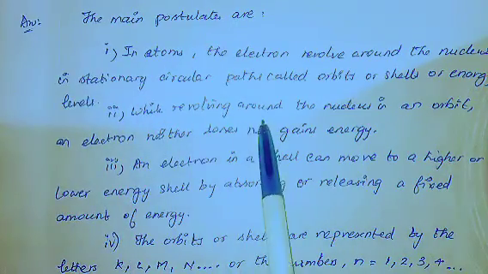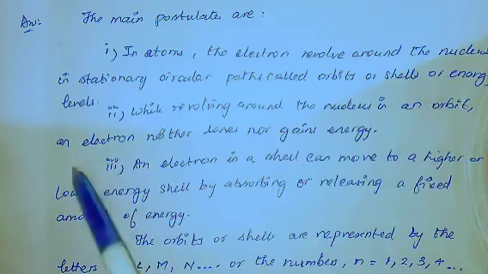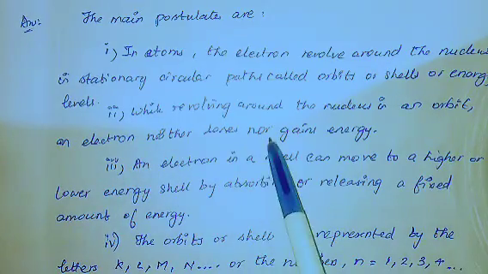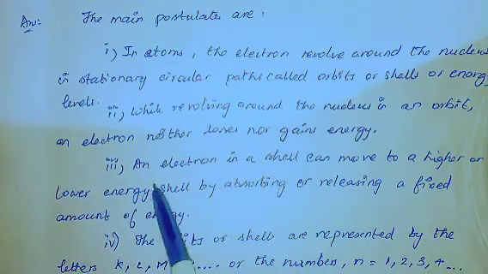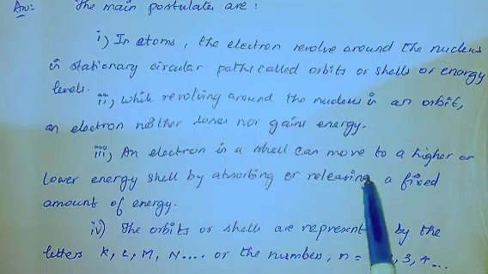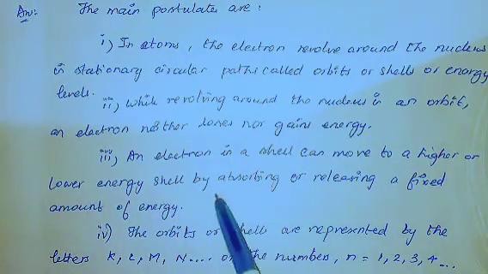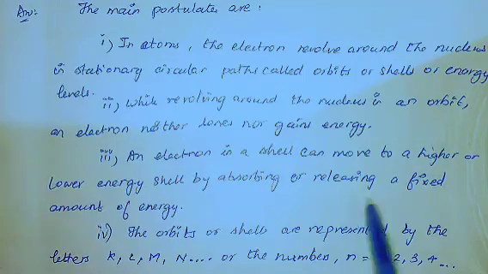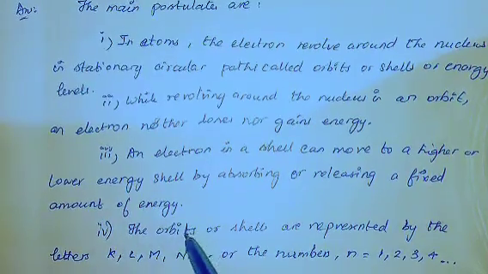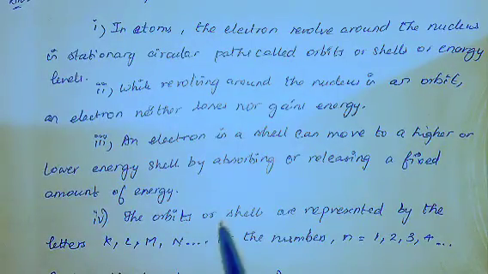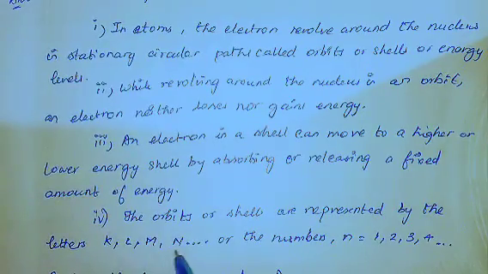While revolving around the nucleus in an orbit, an electron neither loses nor gains energy. An electron in a shell can move to a higher or lower energy shell by absorbing or releasing a fixed amount of energy. The orbits or shells are represented by the letters K, L, M, N and so on, or the numbers n equal to 1, 2, 3, 4 and so on.